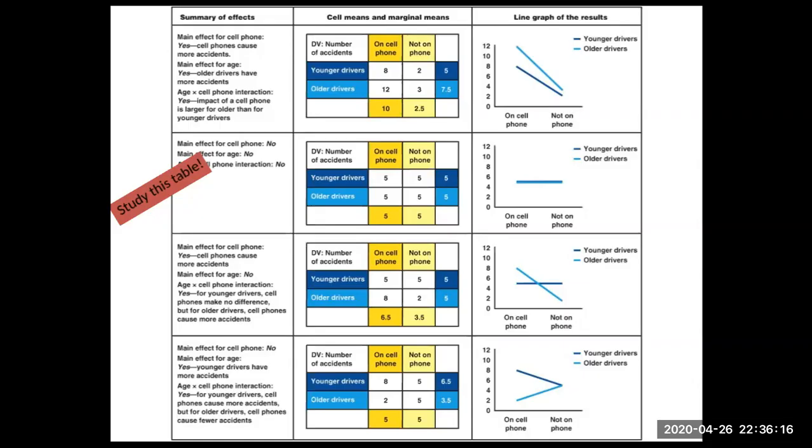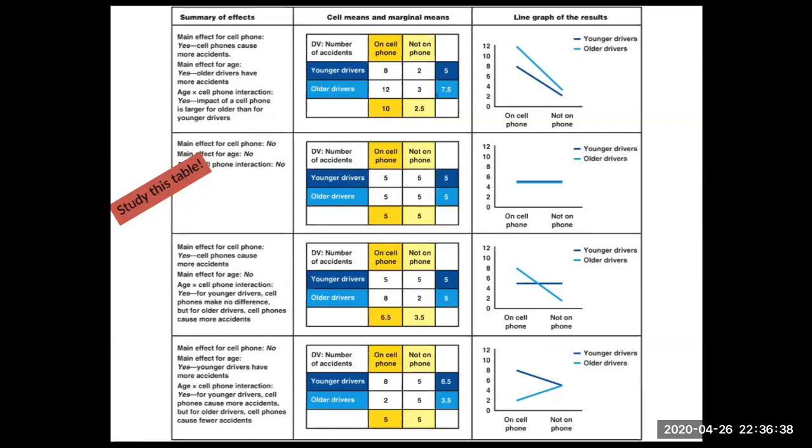So for younger drivers overall, whether they're on their cell phone or not, the average of 8 and 2 was 5. Older drivers overall, the average of 12 and 3 was 7.5. So the difference between 5 and 7.5 in the marginal means for older versus younger drivers shows that there is a main effect for number of accidents.